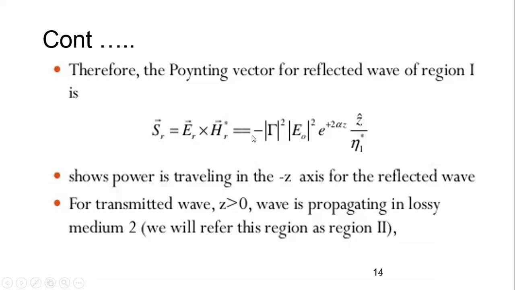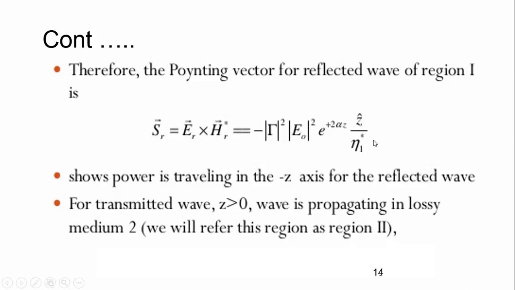In the last session also we have seen S equals E cross H. That time, how we can write the reflection coefficient along with the electric field in free space, the square of the exponential form of the expression, that is alpha Z, and Z divided by eta, the characteristic impedance.